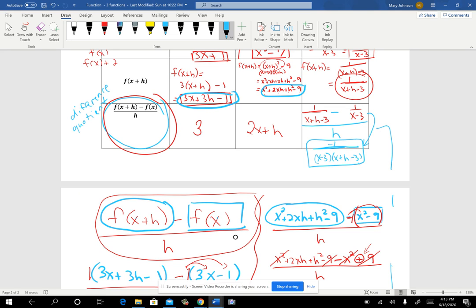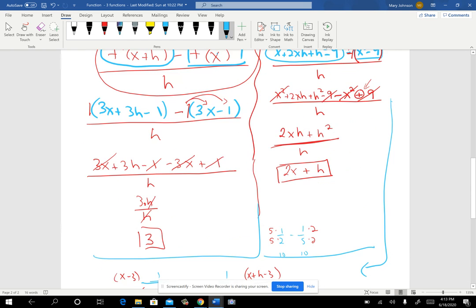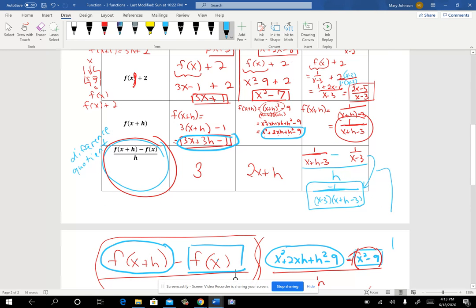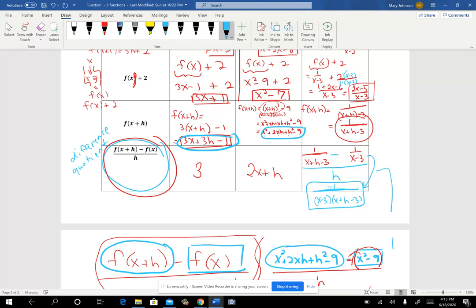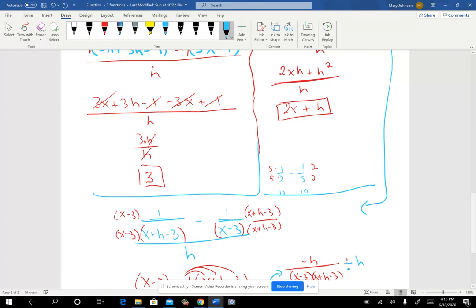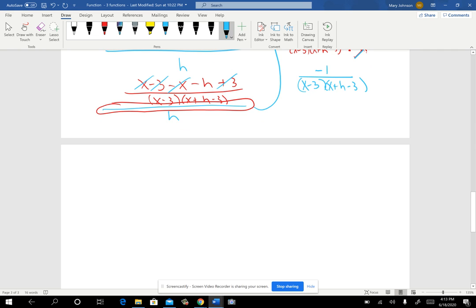Now I want to tell you just a little bit more about what the difference quotient really is. This expression that we've been working with, f of x plus h minus f of x all over h, and we were working that out, that's called the difference quotient.